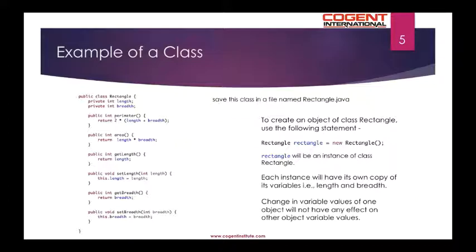To create an object of class Rectangle, we use the following statement: Rectangle rectangle = new Rectangle. Rectangle will be an instance of class Rectangle. Each instance will have its own copy of its variables, that is length and breadth. Change in variable values of one object will not have any effect on other object variables.